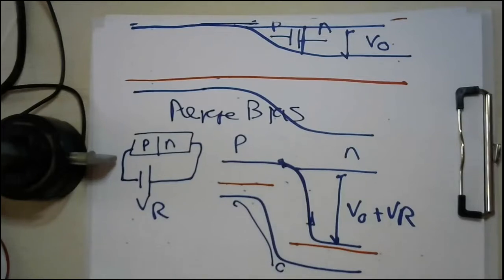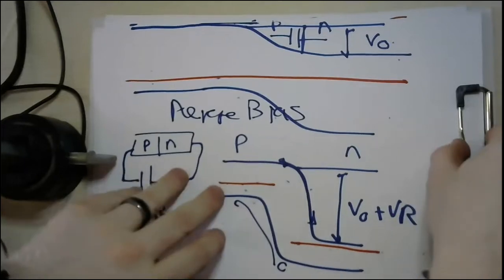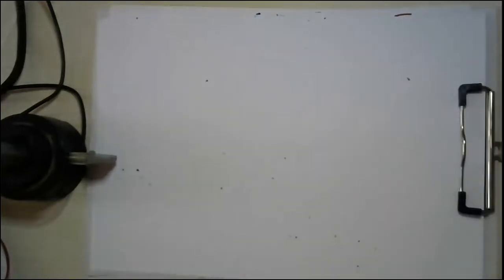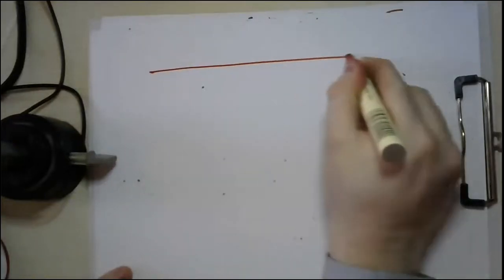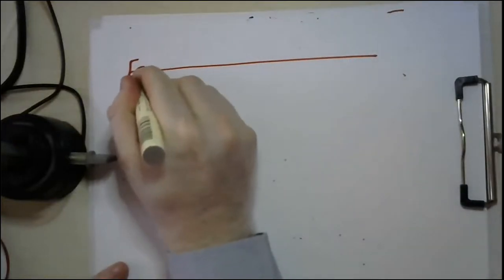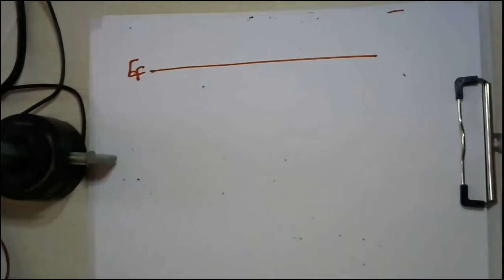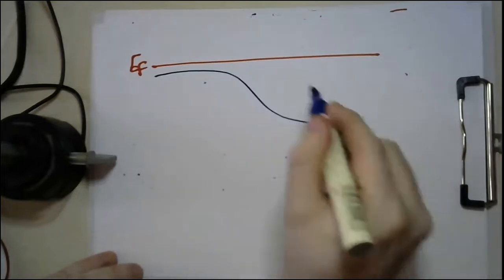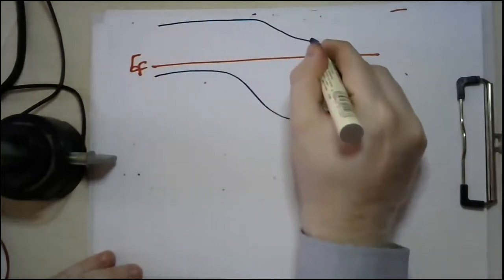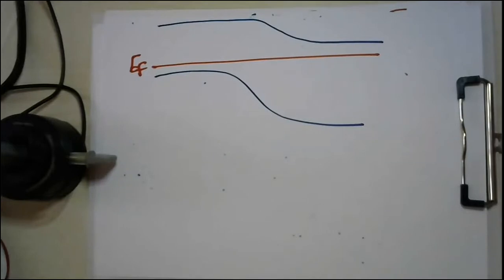Now, let's turn to the other scenario. Again, let's start with the thermal equilibrium case, where we have EF, the Fermi level, and here you have your energy band diagram.